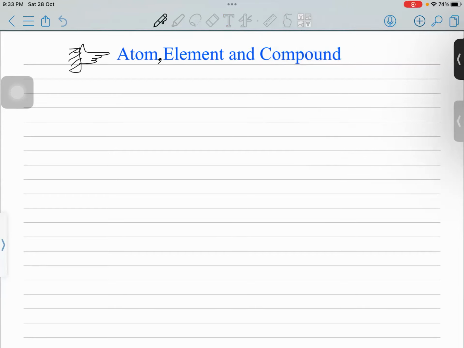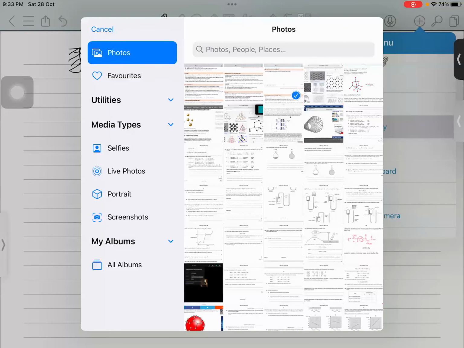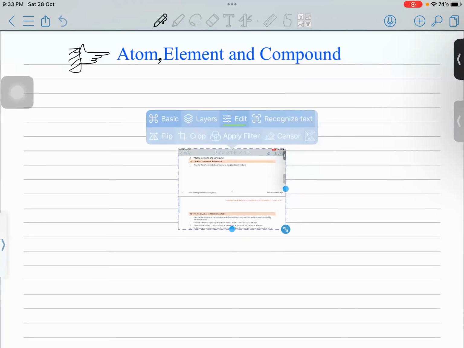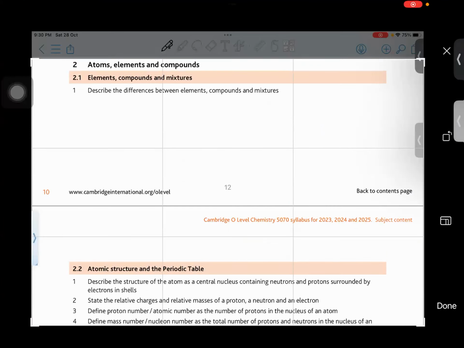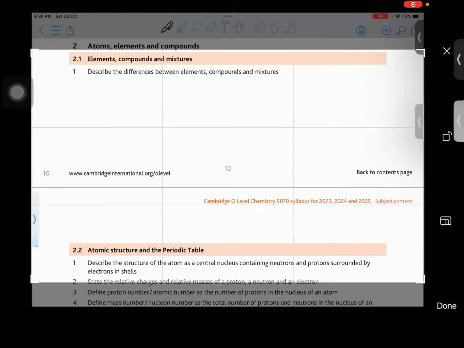First syllabus. This is the first topic.